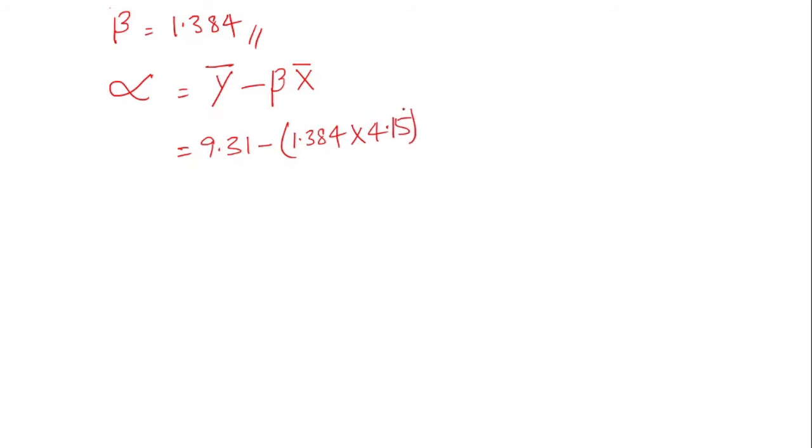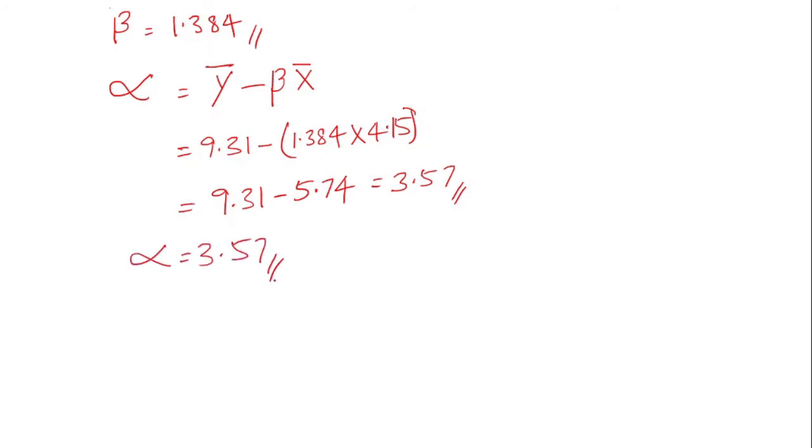This is the x bar. That is equal to 9.31 minus 5.74. After deducting 5.74 from 9.31, we will get the value of 3.57. Now the alpha value is 3.57. What does this alpha indicate?